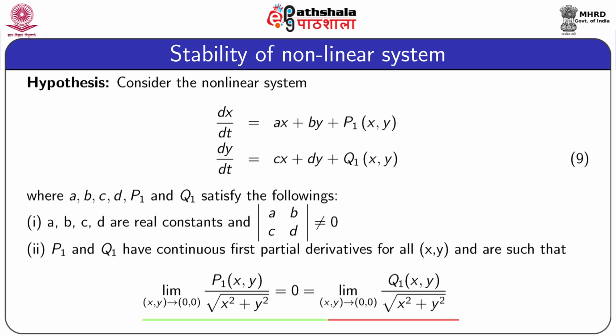Also, limit as (x,y) tends to (0,0) of q1 divided by root of x squared plus y squared is 0. So, basically what we are finding out here is, given a nonlinear system, whether the same kind of theorems that hold for the linear system are also true in this case or not. If yes, then what are the deviations we will be seeing?